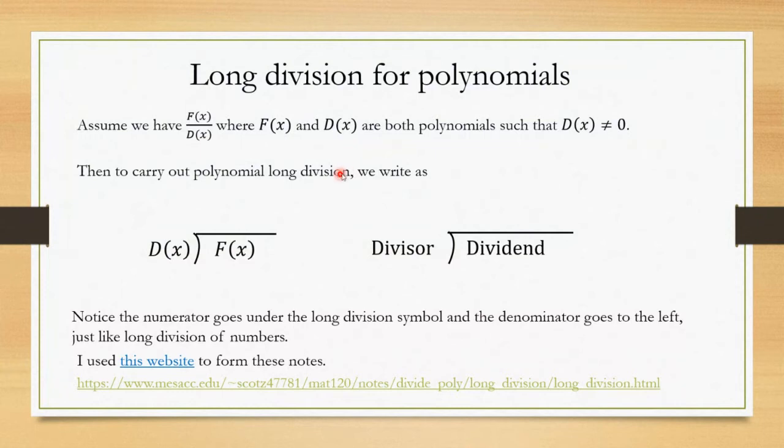To do polynomial long division, just like with numbers, you want to set up this kind of notation. So the dividend is under this. Over here, we have the divisor. If you have f of x over d of x, here's the numerator, here's the denominator.